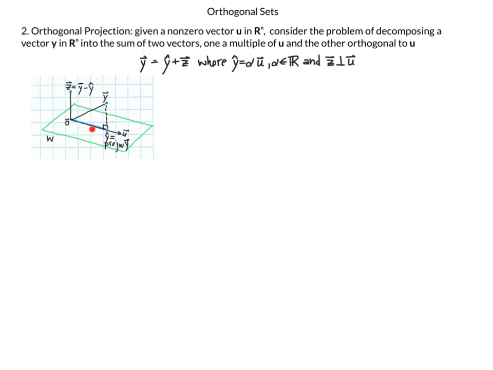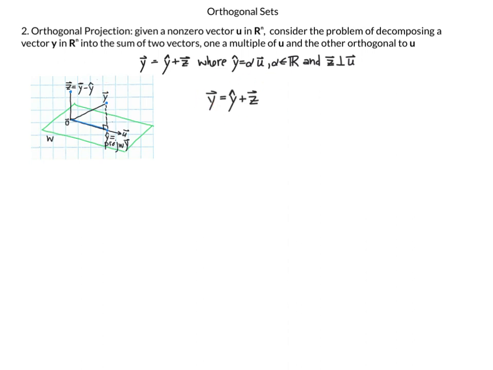Y hat is just a multiple of u, which we have expressed here, and z is perpendicular to u. And also from that equation, y equals y hat plus z, we know that z is equal to y minus y hat, which we have expressed here and also in our graph.